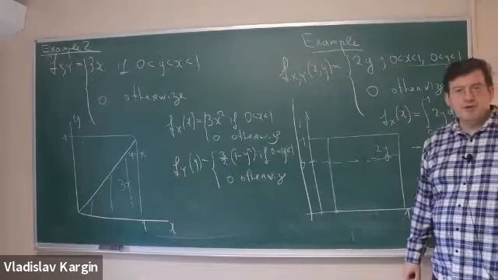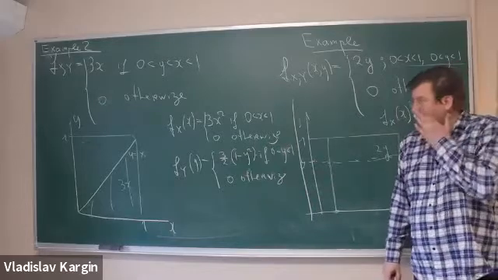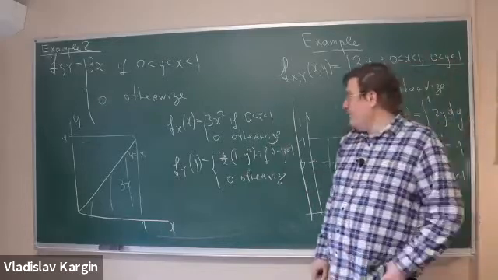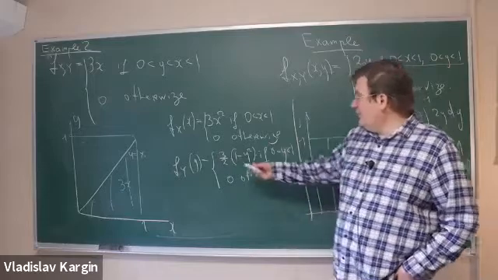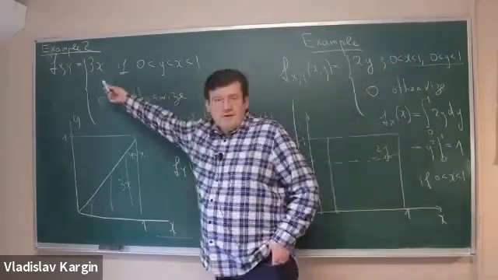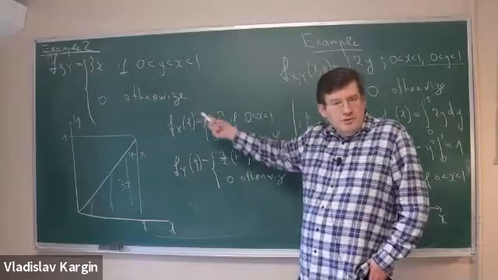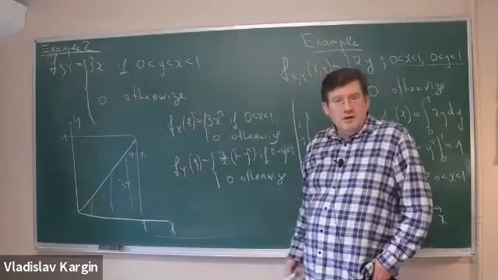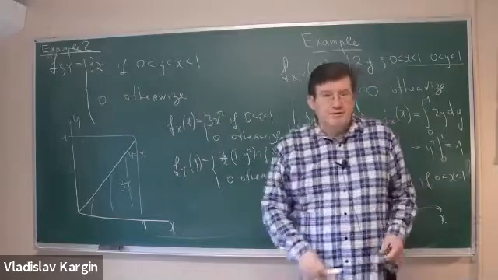So this was our marginal density. Now we look at this and say, okay, if we multiply these things, we will not get 3x. So these are not independent random variables.